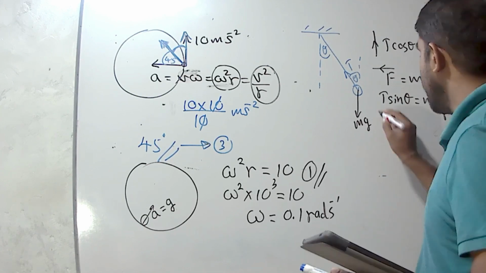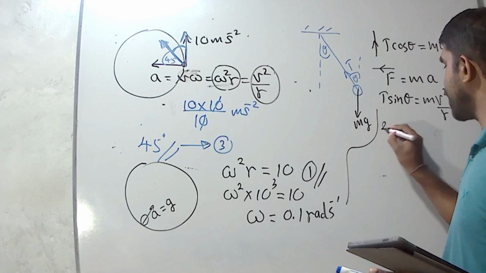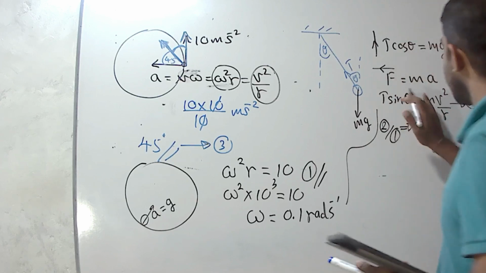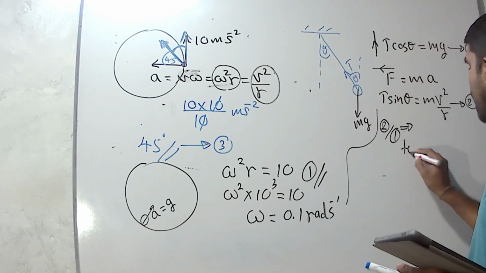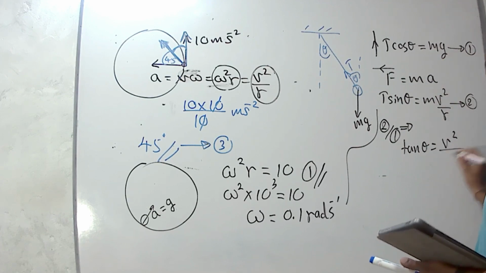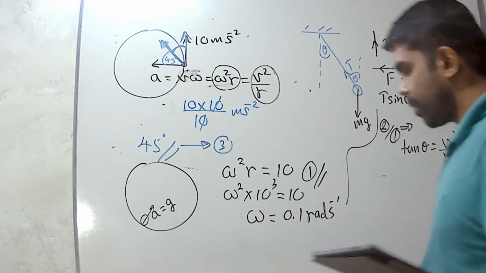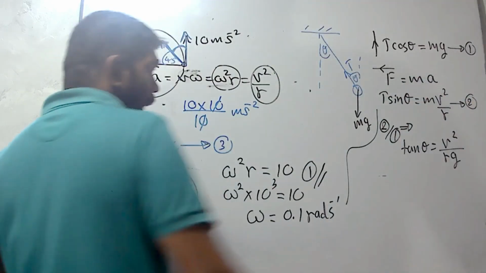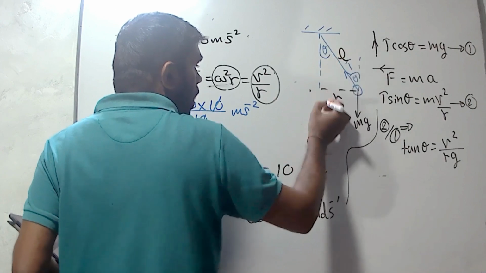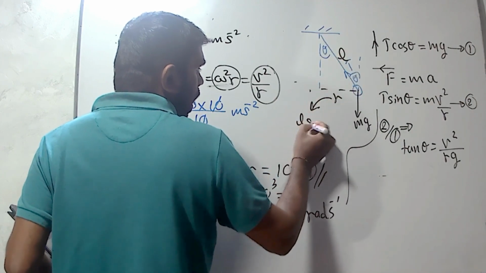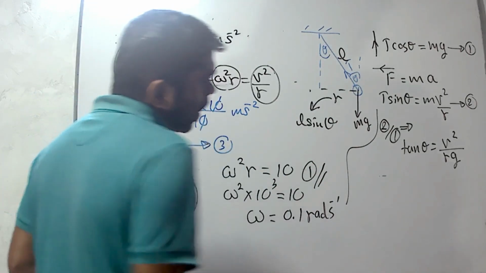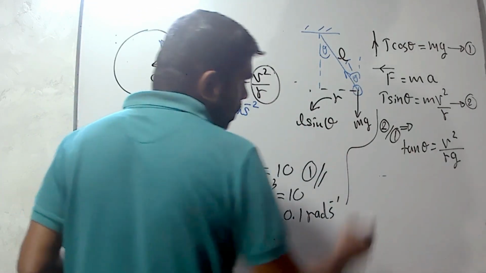Then we can divide the second equation by the first one. T is cancelling. Sin theta divided by cos theta is tan theta. M is cancelling. V squared divided by rg. Now we know the length is given as L, so the radius should be L sin theta. Then we can substitute r as L sin theta.